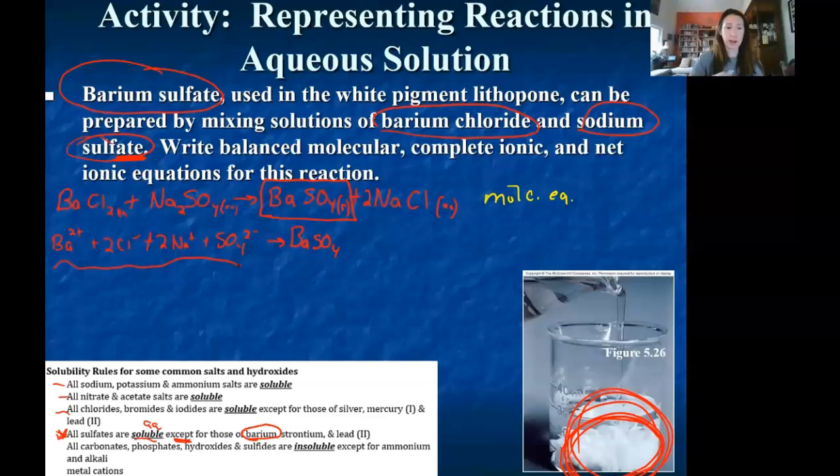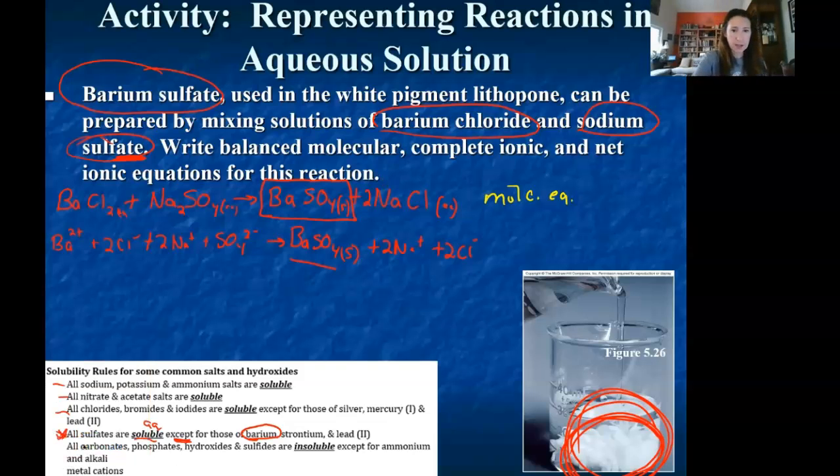This is staying together. This is what our solid is. And then again, our Na's, it's 2 Na pluses. And remember, this 2 goes to the Na, and the 2 goes to the Cl, plus 2 Cl minuses. And again, these are all AQs except for our solid.